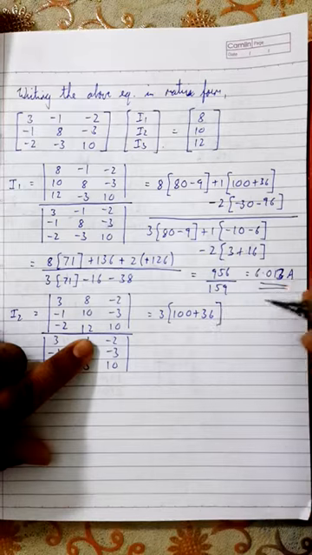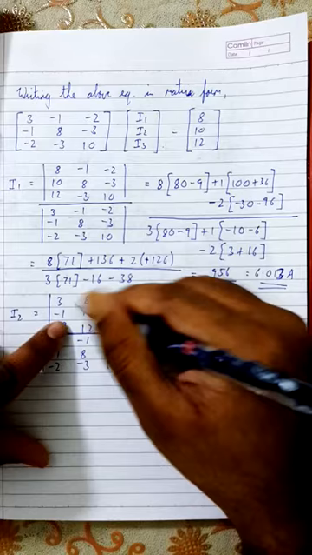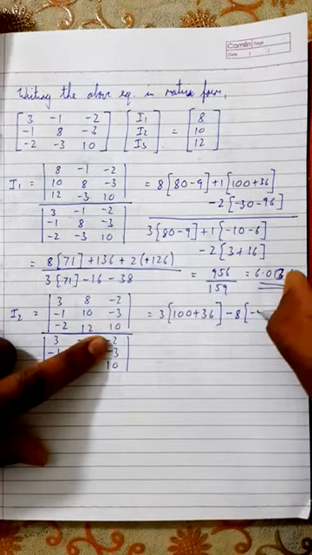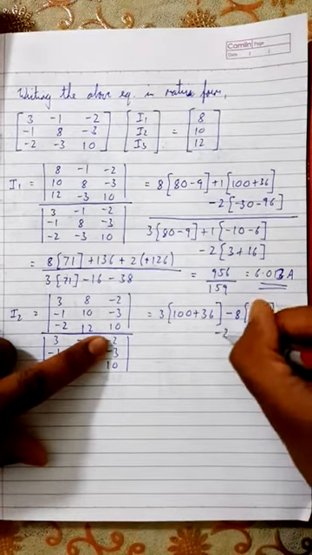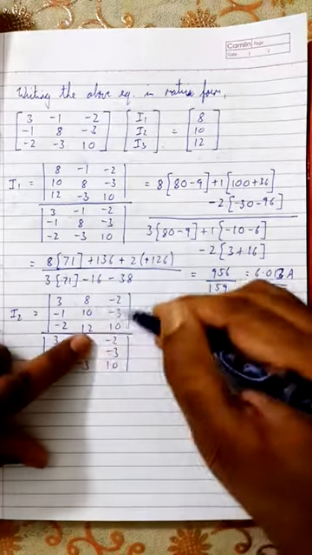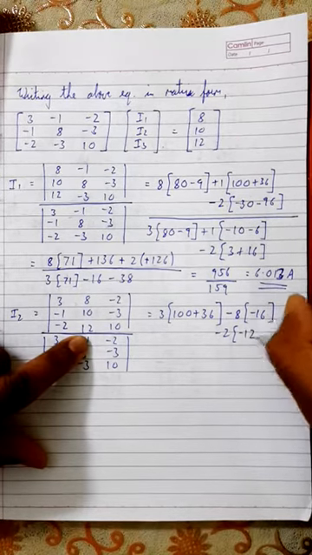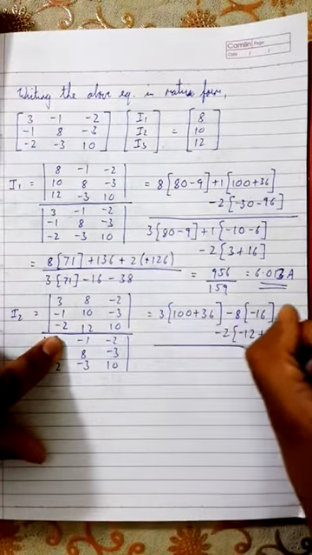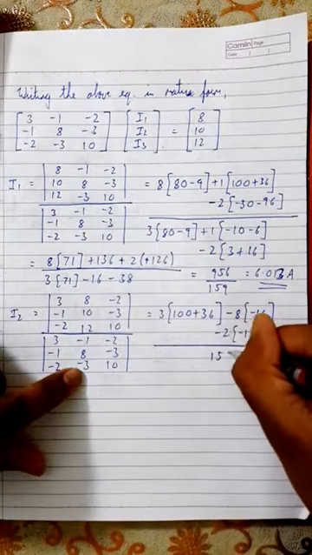Plus 36, okay. Minus 8 into minus 10, minus 6 again, right? So I'm going to take this minus 16. Then we have minus 2 into minus 12 plus 20, right? Okay, divide by, and you don't have to find the value of the denominator, right? You already found it is 159, so divide by 159.